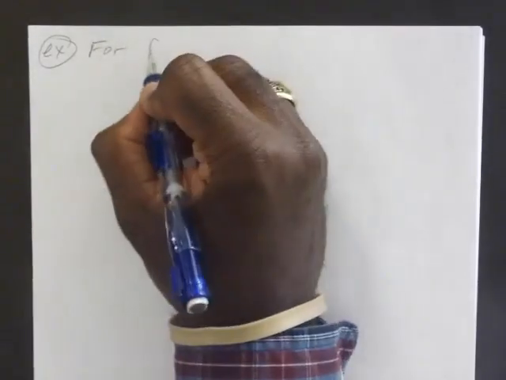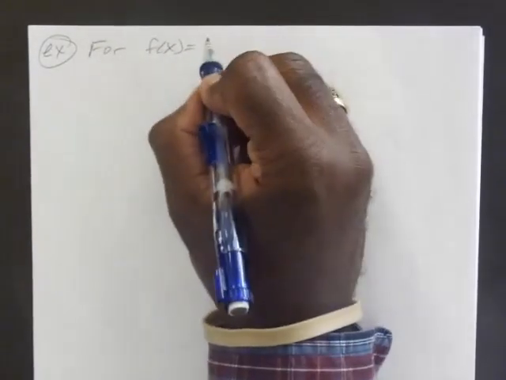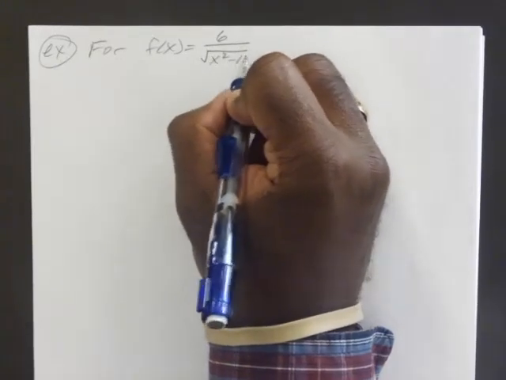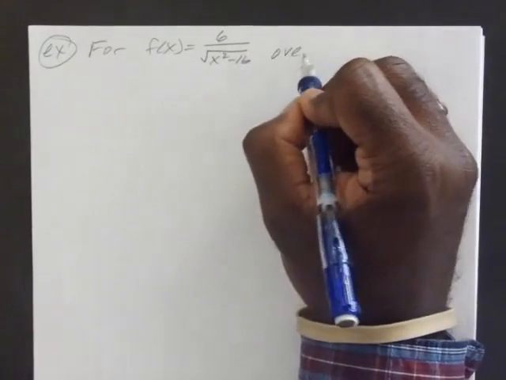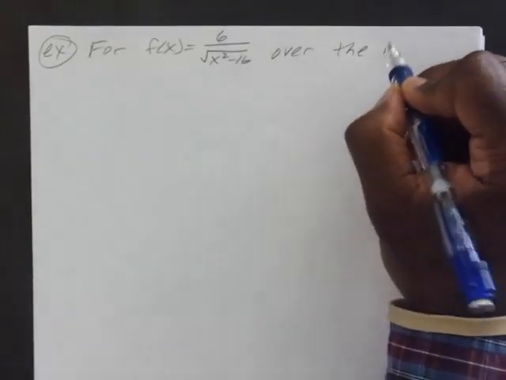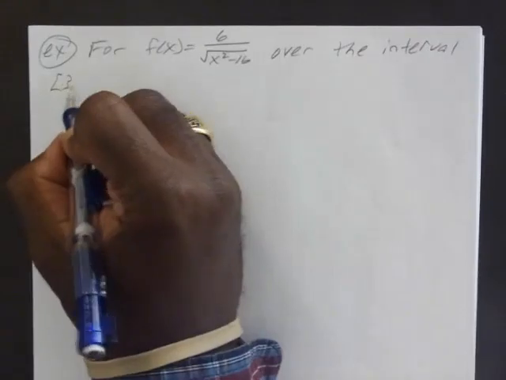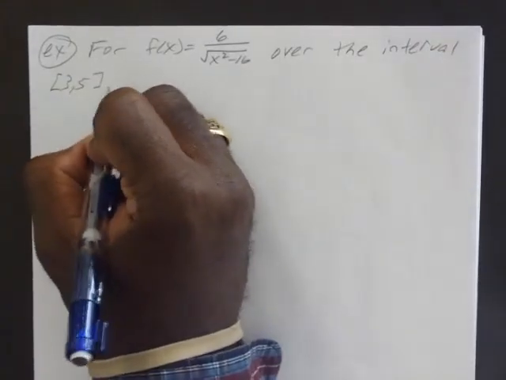Okay, so for f of x is equal to 6 divided by the square root of x squared minus 16 over the interval from 3 to 5.